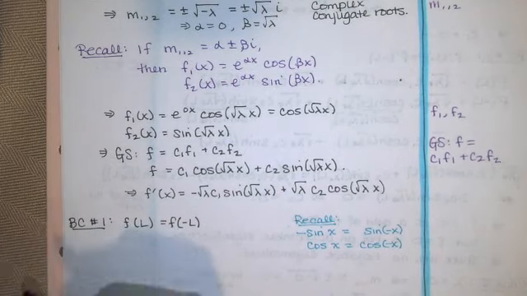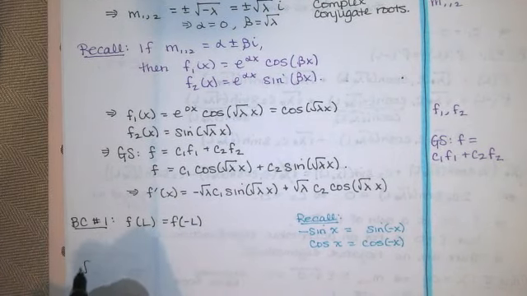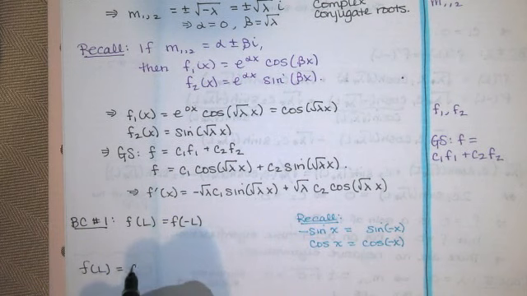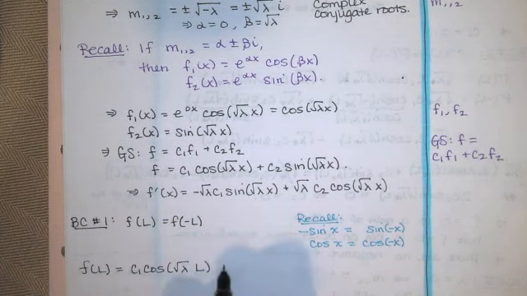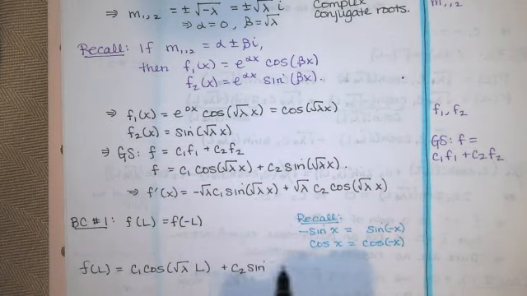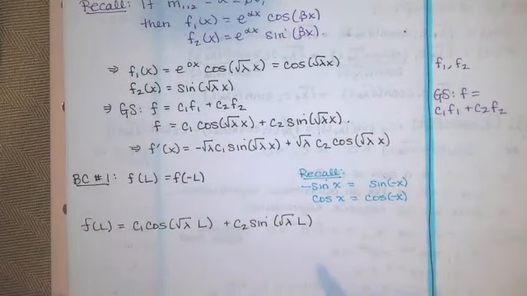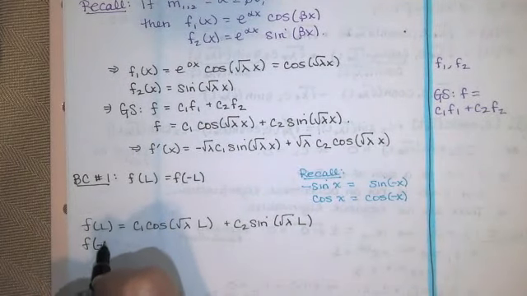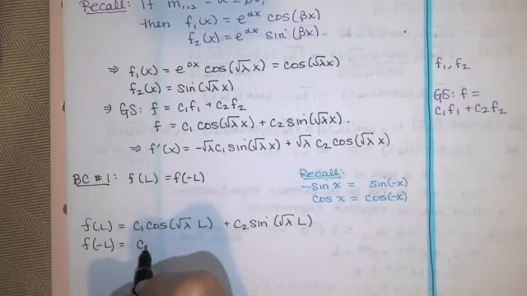So let's write down our two expressions. f of L is this. We've got C1 cosine of square root of lambda times L plus C2 times sine of the square root of lambda times L. And f of negative L will look similar.